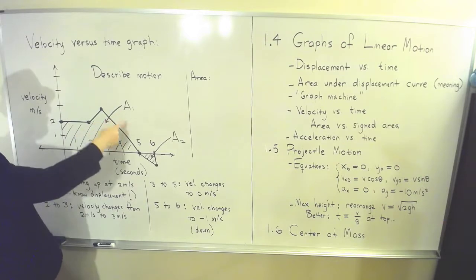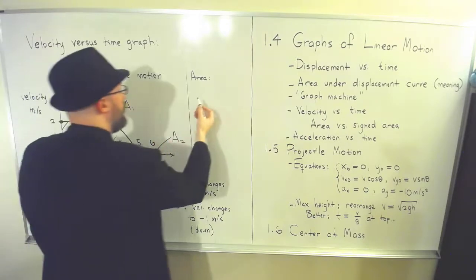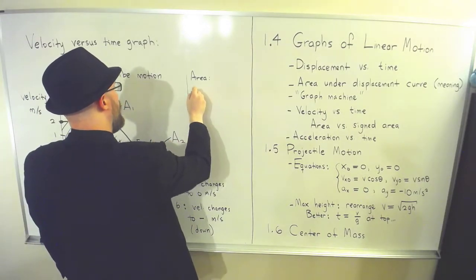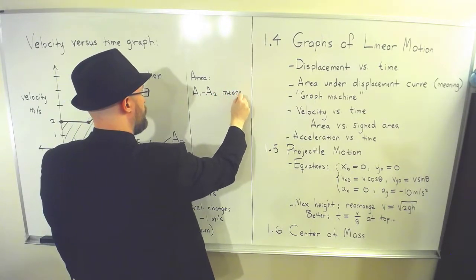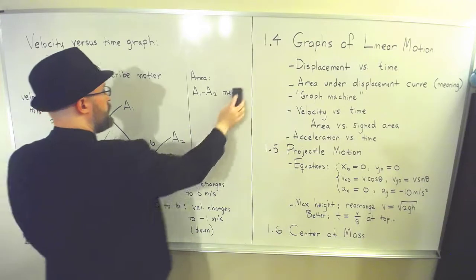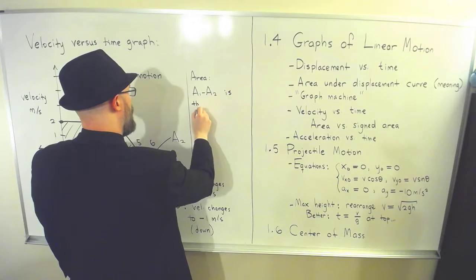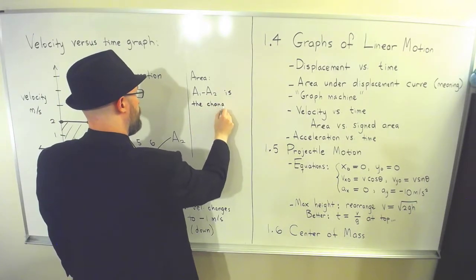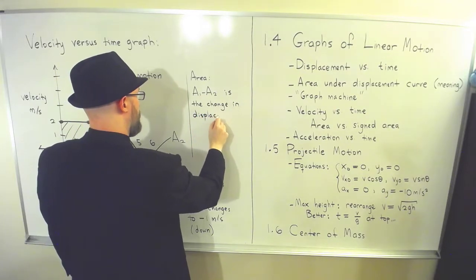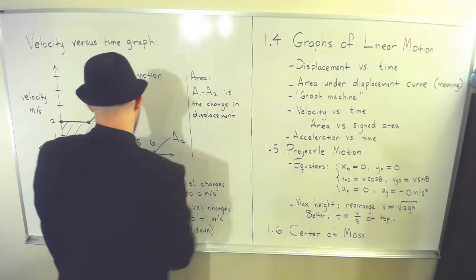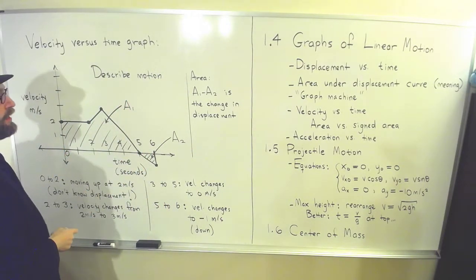Now, A1 minus A2 means one thing, and A1 plus A2 means another thing. A1 minus A2 is the change in displacement, from the time starting out at 0 to the time going to 6 seconds.